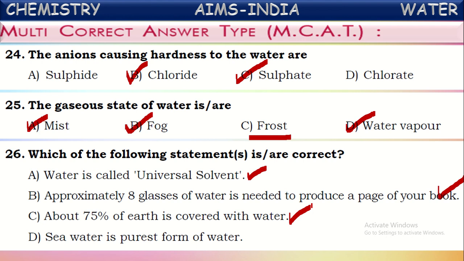Whenever you taste seawater, it will be very salty because of the presence of excess amounts of salts dissolved in it. So we can say it is an impure form of water but not pure. Now what will be the correct answer? Only these three are correct statements.